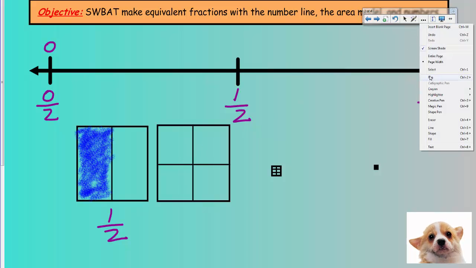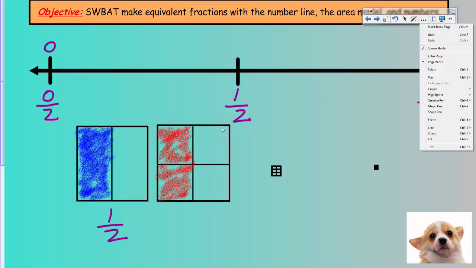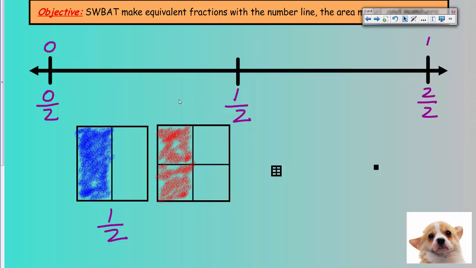Now interestingly, what we can do is shade in our same half here, but look what's happening. See now what we have is 2 equal parts of the 4. We still have our same quantity. That didn't change. If we don't overlap that, I'm going to have some fun here and do this.